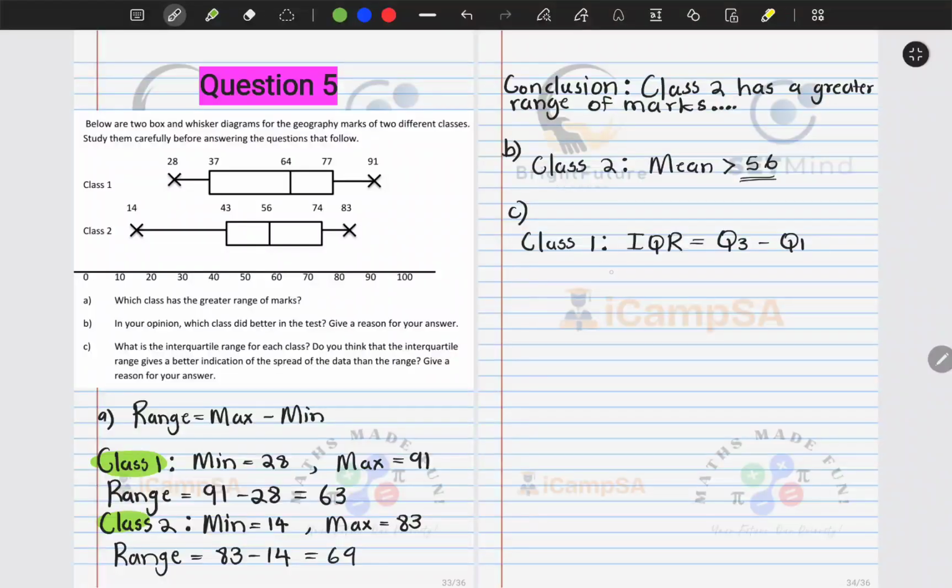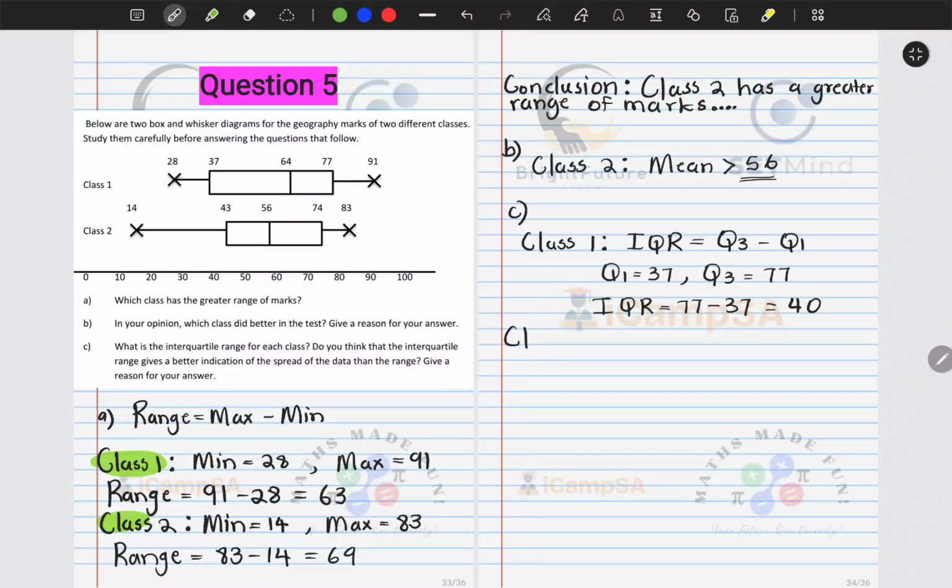Now if you have a look at class 1, your Q1 is 37 and your Q3 is 77. So your IQR is going to be 77 minus 37. And this should be, I believe, 40. Okay. So what we get is 40.